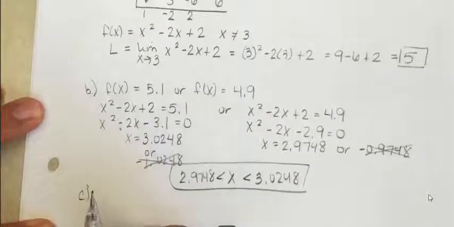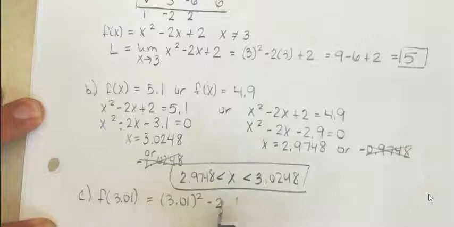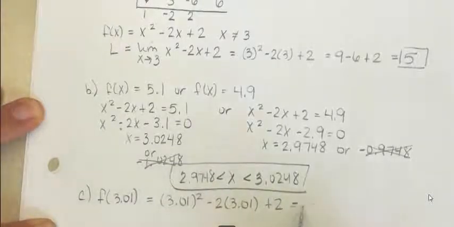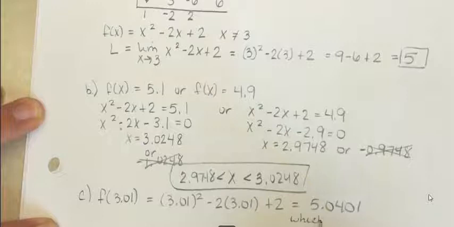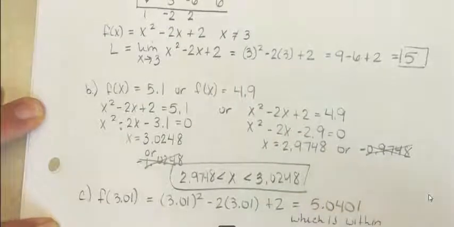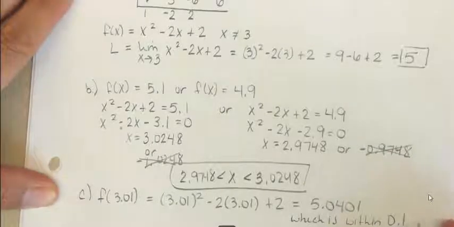If I do f of 3.01, just plugging it back into my equation, that's going to give me 5.0401, which is within 0.1 units of 5.